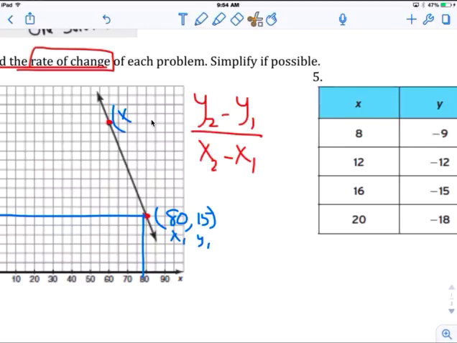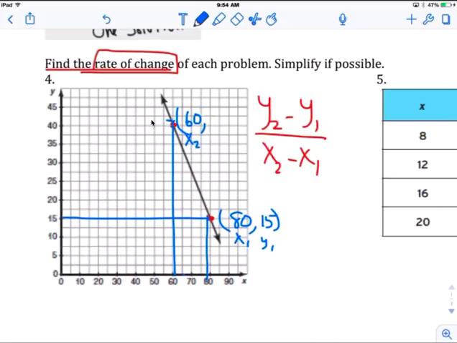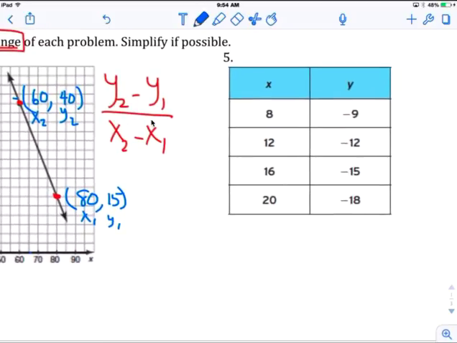That's going to be my x sub 2, which is 60. X sub 2 and 40. Y sub 2. Okay, I'm going to erase this. I just need to make sure it's correct by drawing it. Okay, y sub 2 is 40 minus 15.